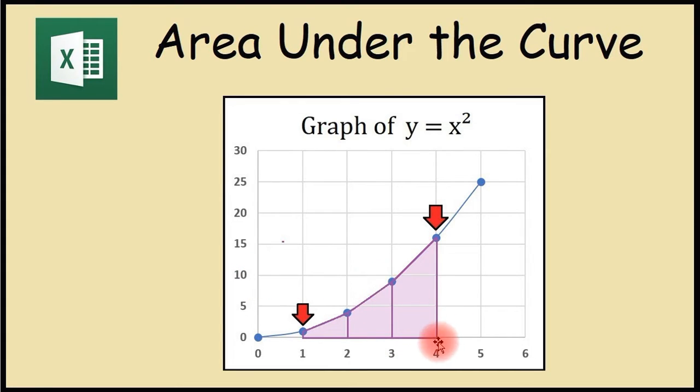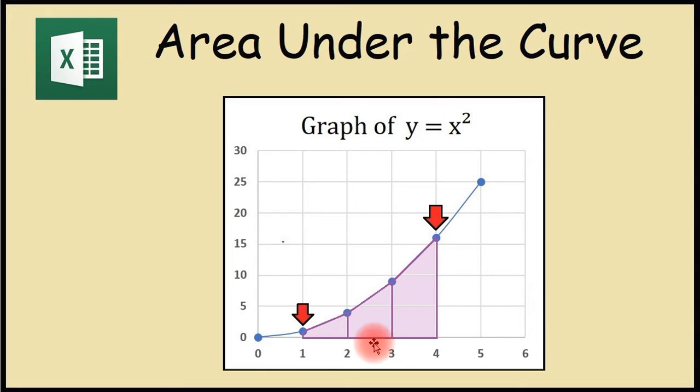X equals 4, y equals 16, just above 15, an approximation. X equals 5, y equals 25. So this is the graph representing y equals x square.